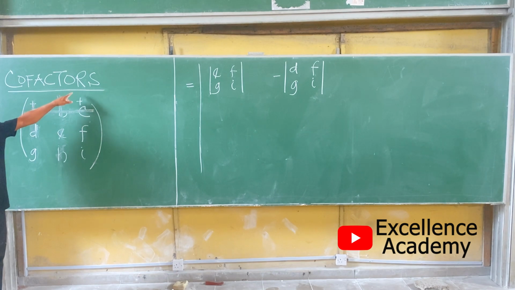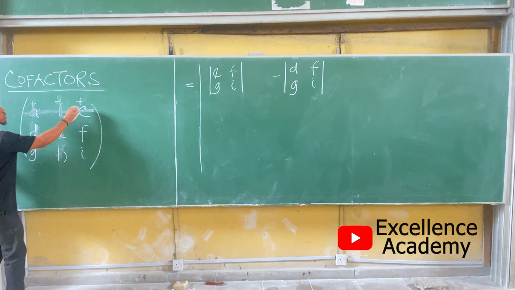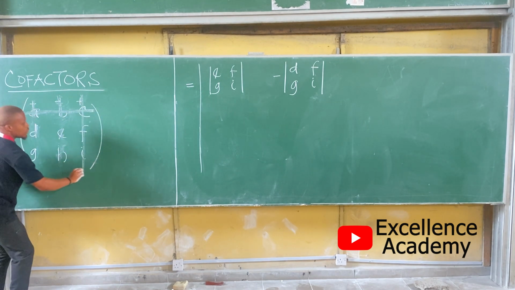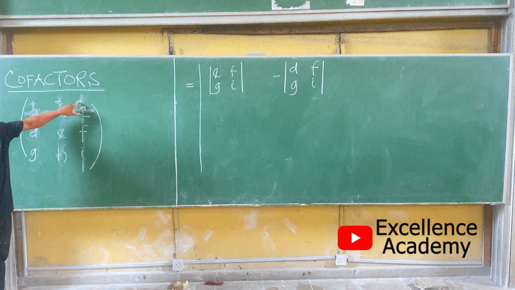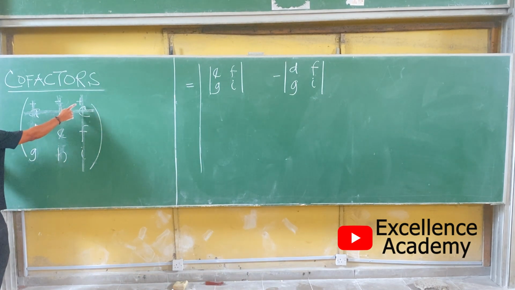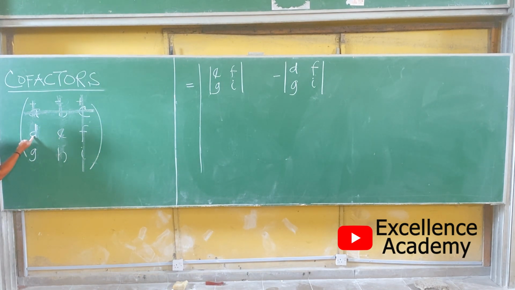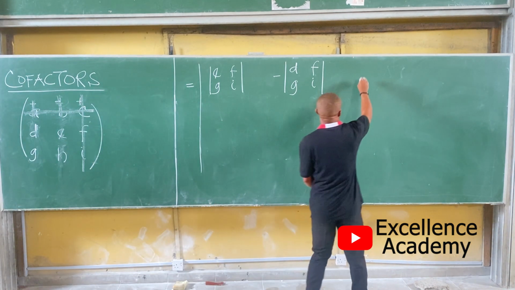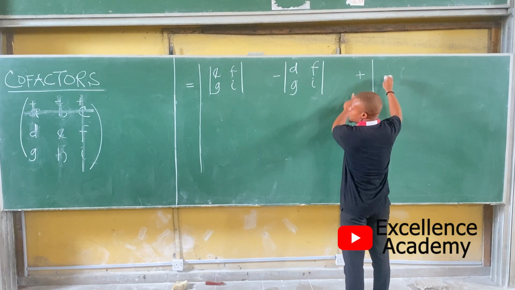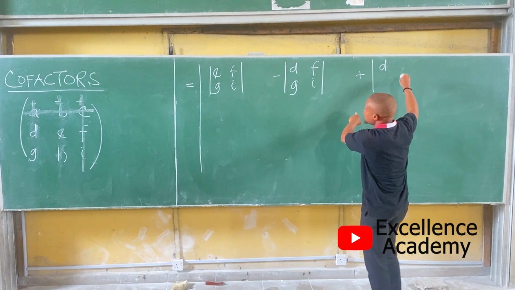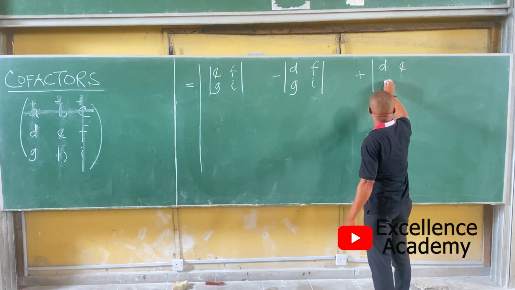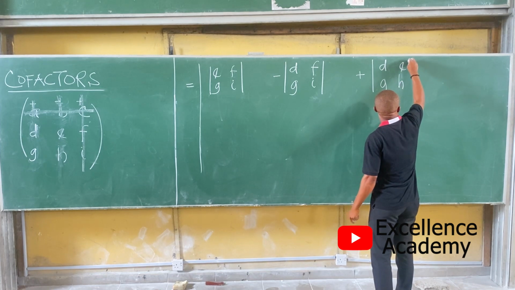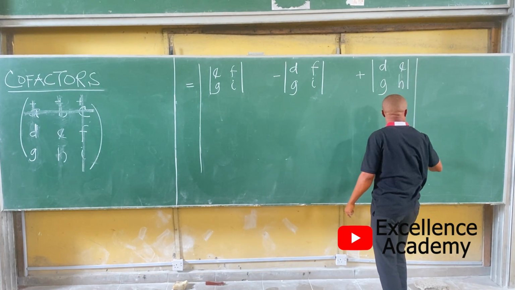And the column it appears on is the last column, so you close the last column. Always remember the sign. The sign there is a plus, right? So I'm having plus. What are the elements left? D, E, G, and H. So we go over to write it as plus D, E, G, and H. All right.